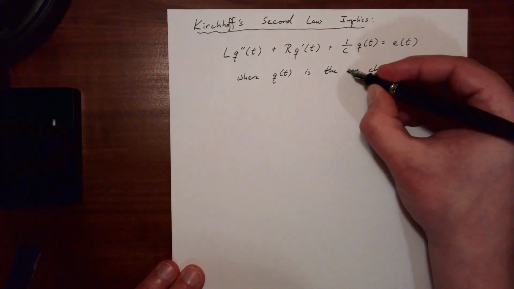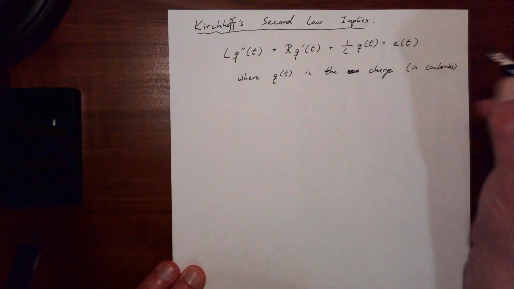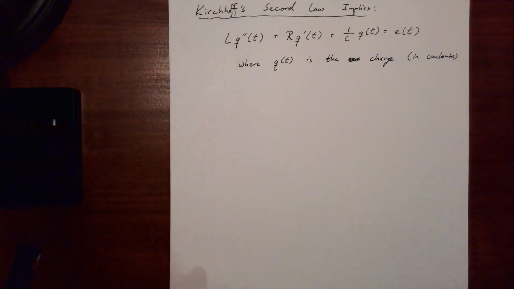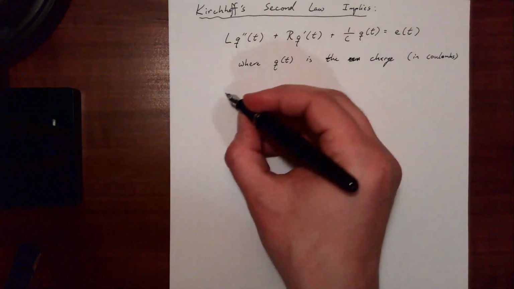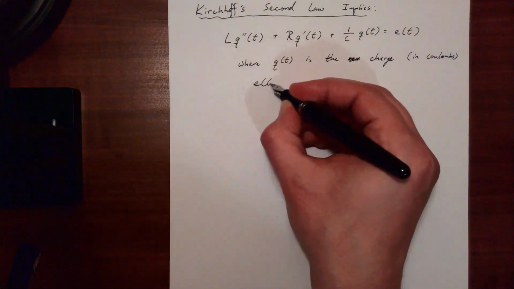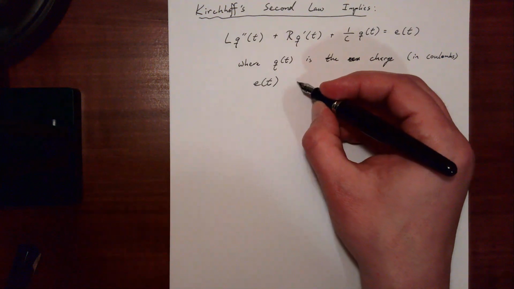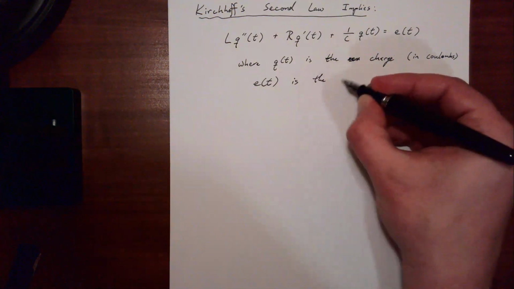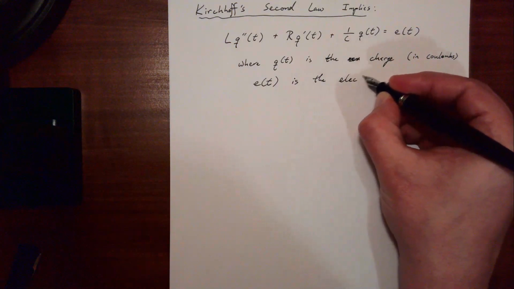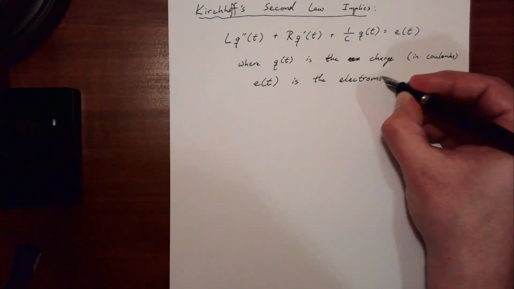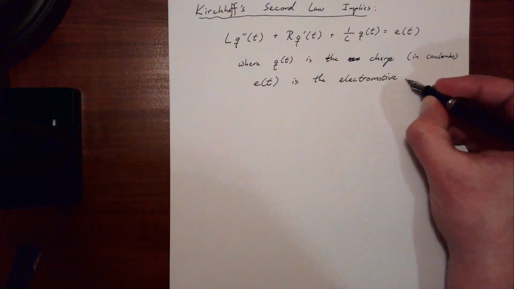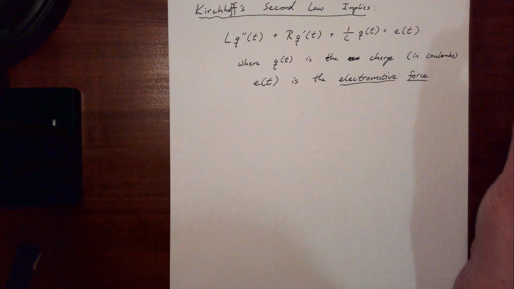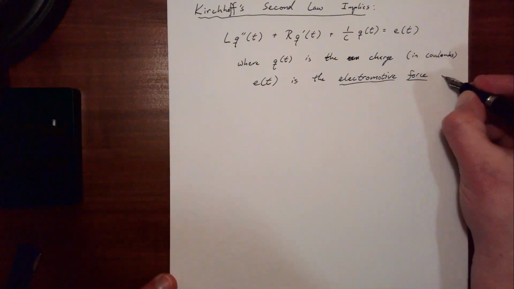Charge, just physically speaking, represents the preponderance of protons or electrons, basically. E of t is what's called the electromotive force, or we could also call it the impressed voltage.